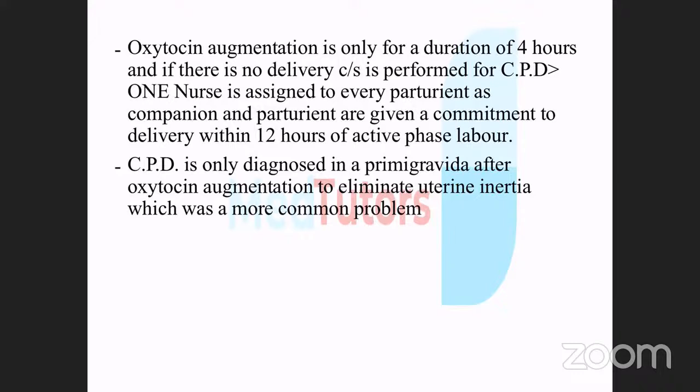When you commence it, you rule out inefficient uterine contraction, and therefore whatever is causing failure to deliver is CPD. So that's why. But this protocol is associated with a high vaginal delivery rate, but it is resource intensive. You need a lot of manpower to be able to effect this.